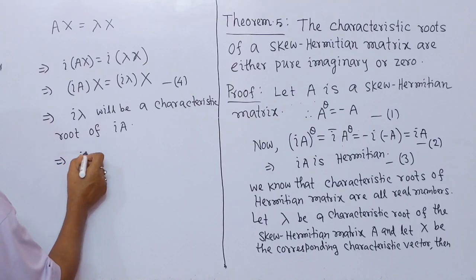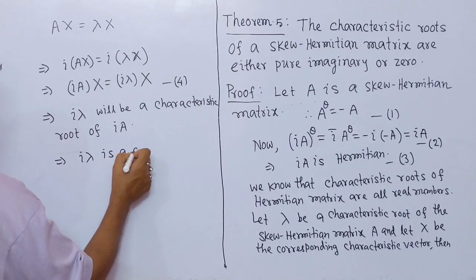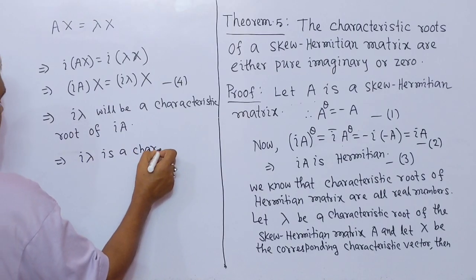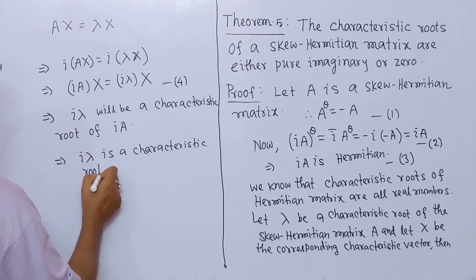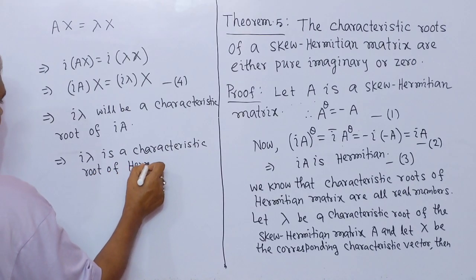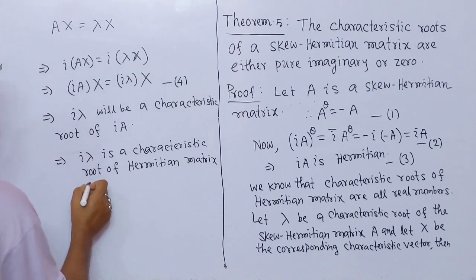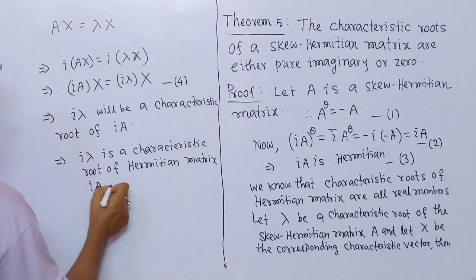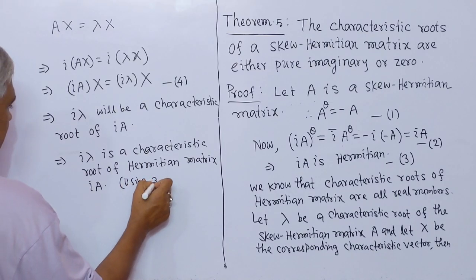This implies that i lambda is a characteristic root of the Hermitian matrix iA, using theory.